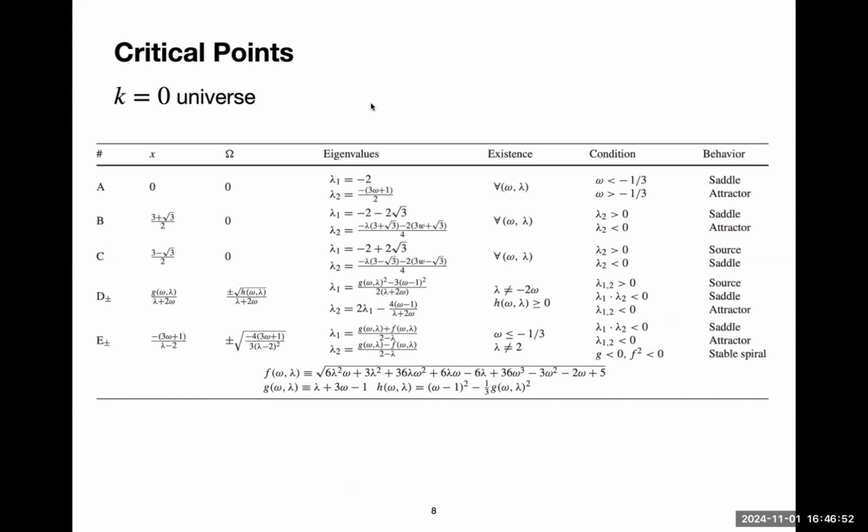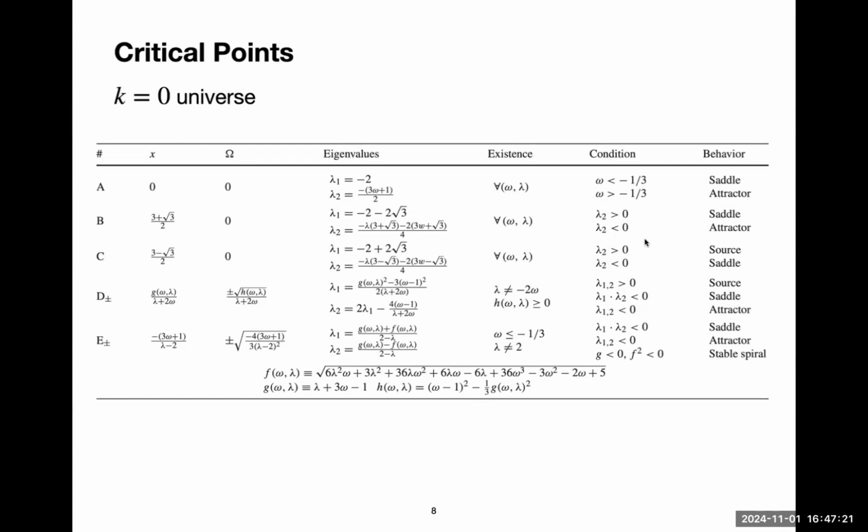As a result, we find a total of seven critical points, some of them attractors, some of them saddles, and we give their location on the phase space, as well as their eigenvalues and their existence conditions, and whether their behavior changes with the equation of state parameters.